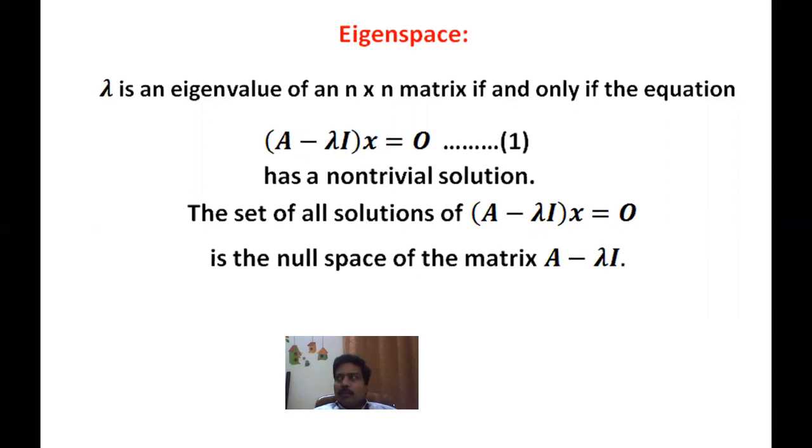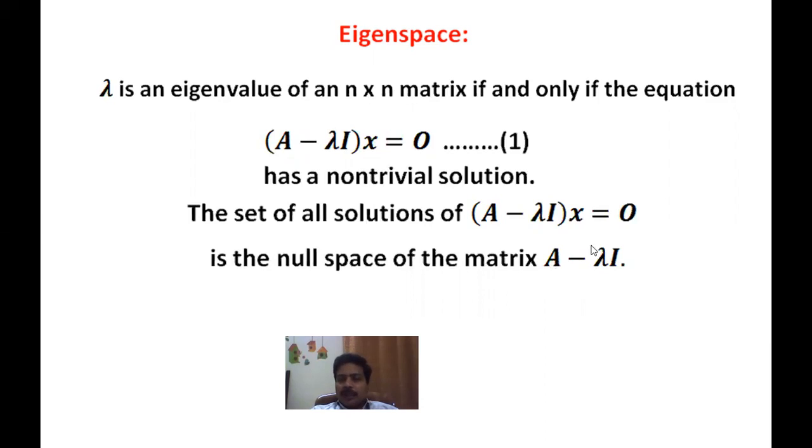The solutions for that system is the null space of B. So here my B is A minus lambda I. So the set of all solutions of A minus lambda I x is equal to O is nothing but the null space of the matrix A minus lambda I. So A is a matrix and I is identity matrix which is multiplied by lambda here.